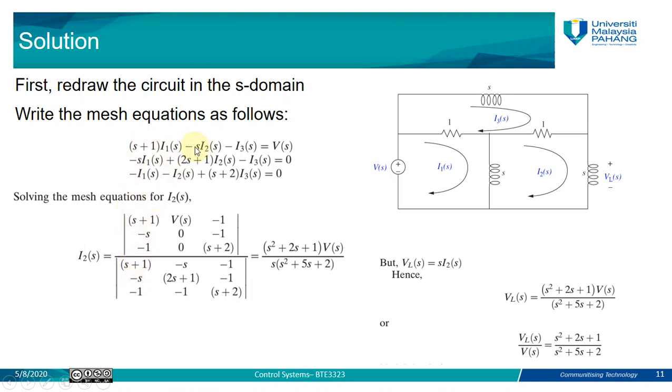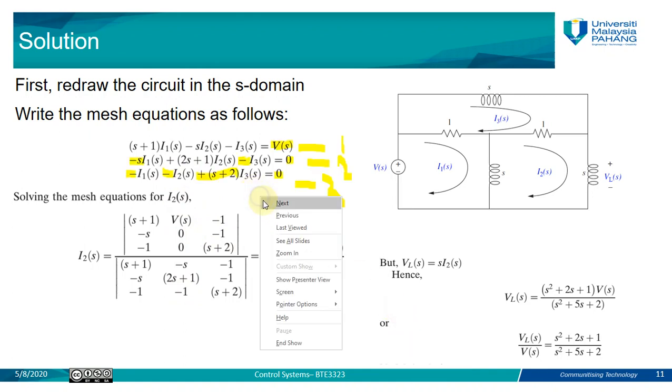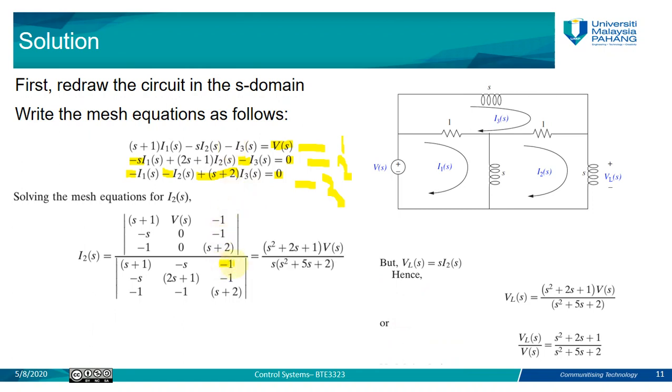Then negative s, 2s plus 1, negative 1. Then the third row: negative 1, negative 1, and s plus 2. So this is the value we call delta.